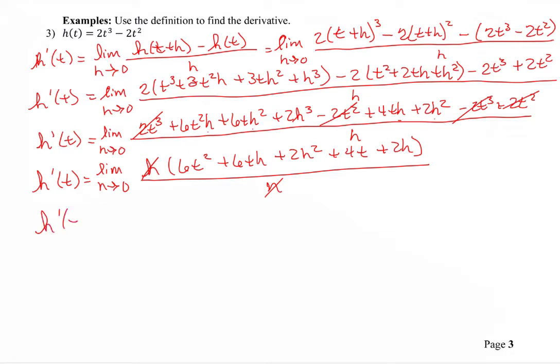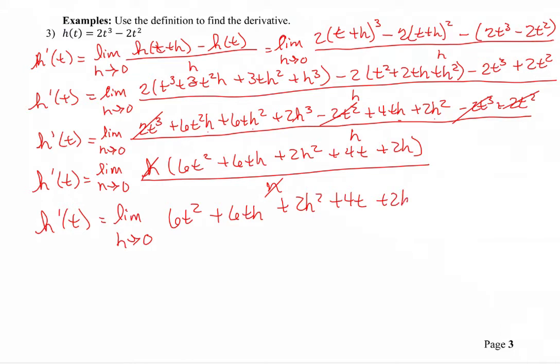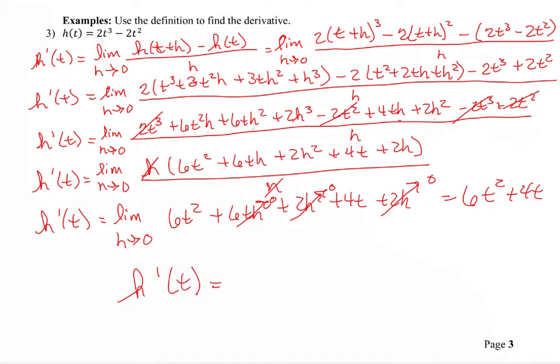I'm left with the limit as h goes to 0 of 6t squared plus 6th plus 2h squared plus 4t plus 2h. Now, as h goes to 0, those three terms are going to go to 0, and I'm left with 6t squared plus 4t, and so h prime of t equals 6t squared plus 4t.